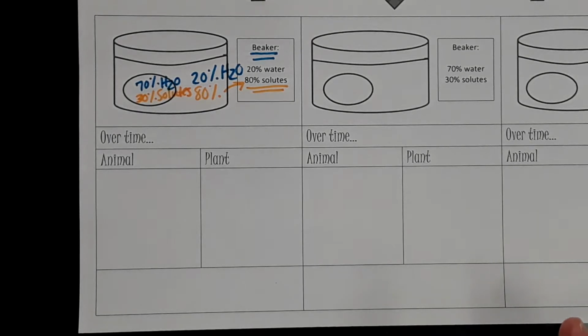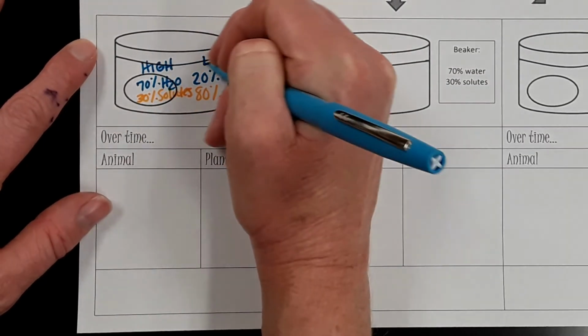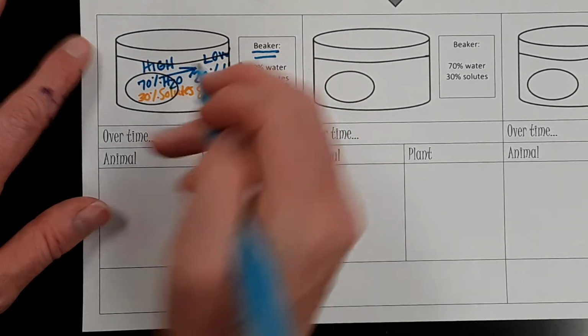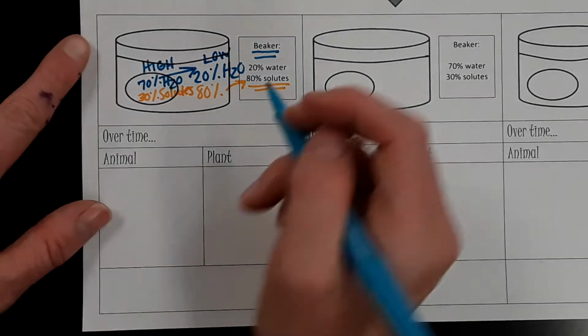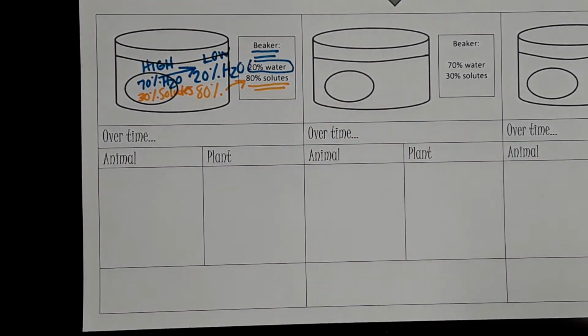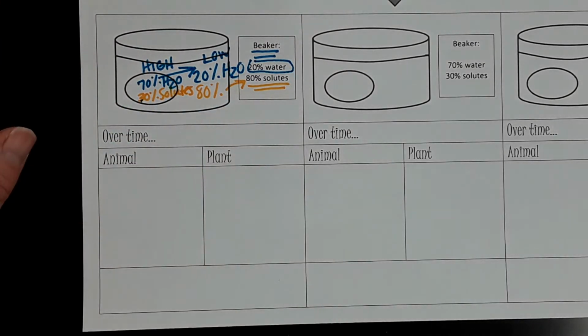So look at whether there is a higher concentration of water inside the cell or outside of the cell. 70% is higher than 20%, so the water is going to move out of the cell. 20% water in the beaker means 80% solutes in the beaker, and our cell has 30% solutes, 70% water. 70% is higher than 20%, so water moves out of our cell.